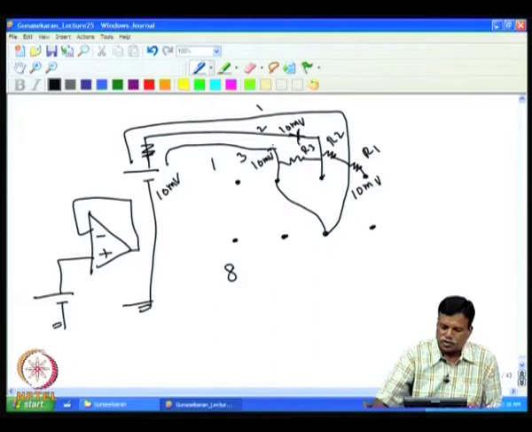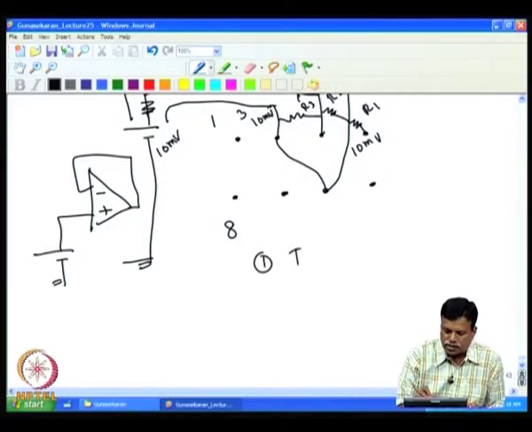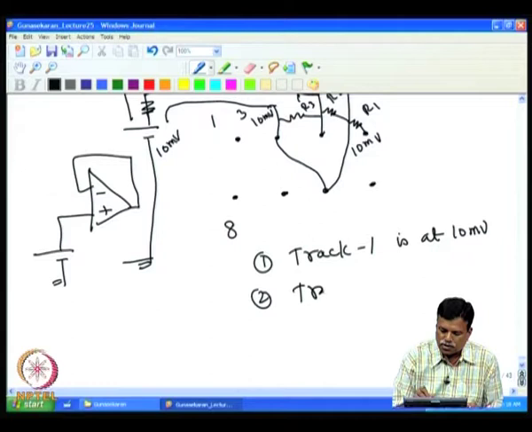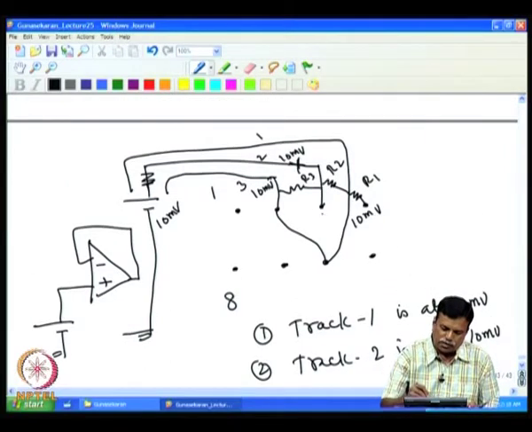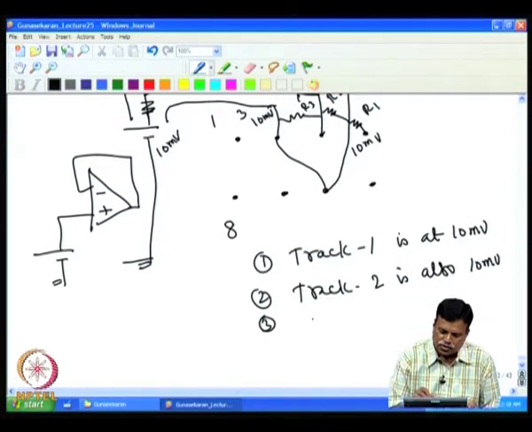If I name the tracks 1, 2, 3, track 1 is at 10 millivolt, track 2 is also at 10 millivolt, and track 3 is also at 10 millivolt, because the input voltage is the same as the output. So, tracks 1, 2, 3 are all at the same voltage.